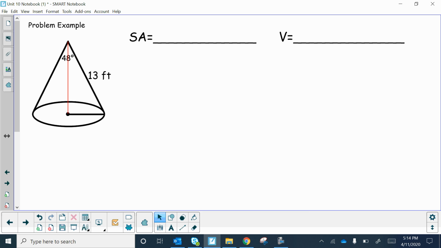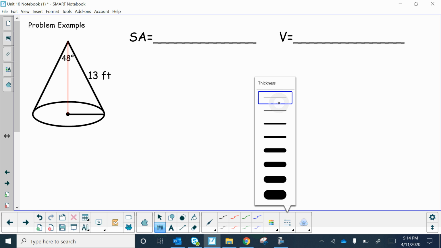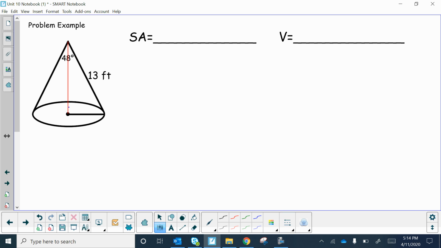Keep in mind, this height is right down the middle, like an axis. So I need to find that. Now if you notice, I have a right triangle, so I'm going to have to use my right triangle properties to solve for that. All I know is that this is 48 degrees, which makes this angle right here 24 degrees.